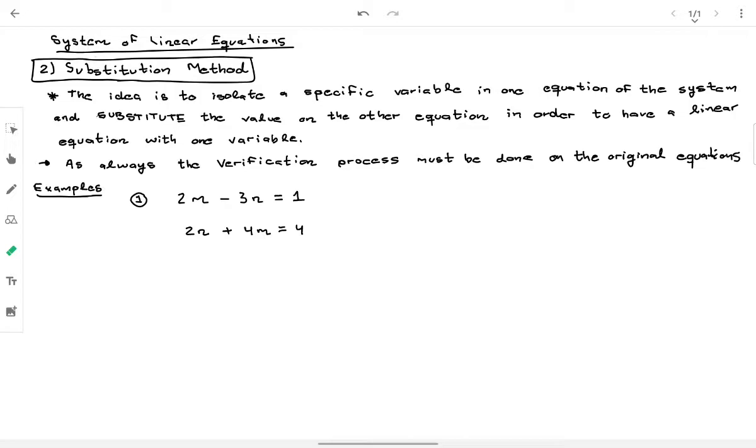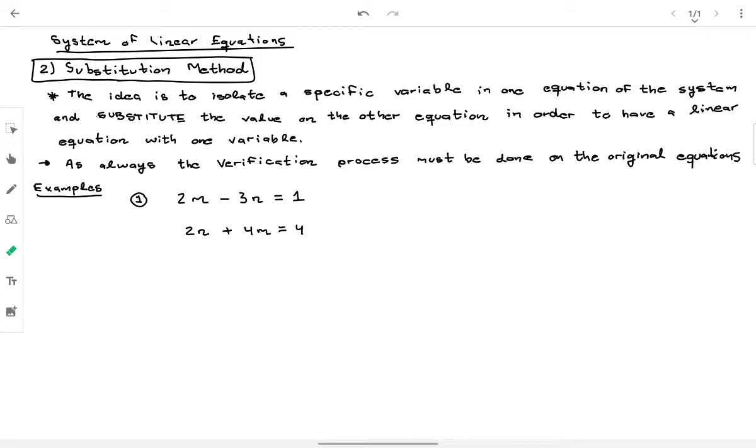And after that, we will substitute that specific value that we have isolated in the other equation, so that after being substituted, we will have one linear equation with only one variable and we will be able to solve it. As always, we can do the verification process on the original equations. Remember, if we are doing the verification process, we need to do it on the original equation.